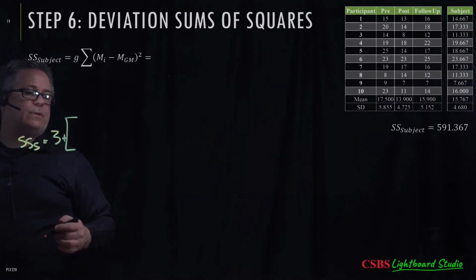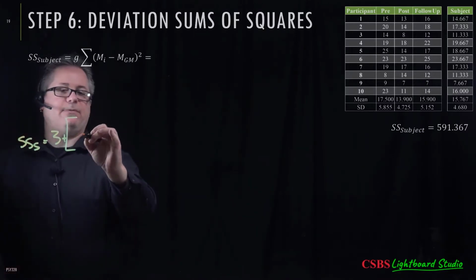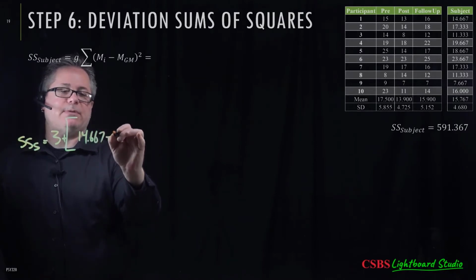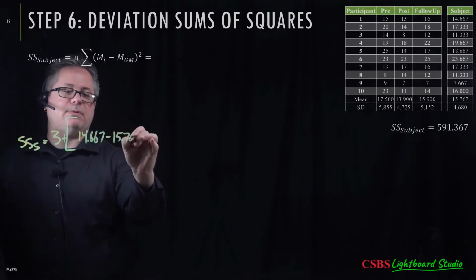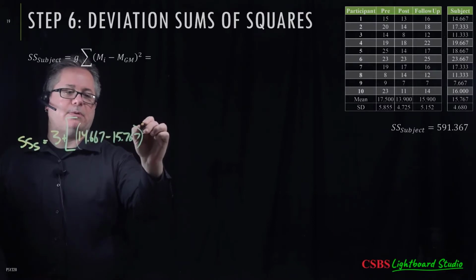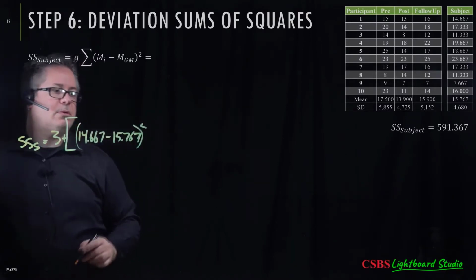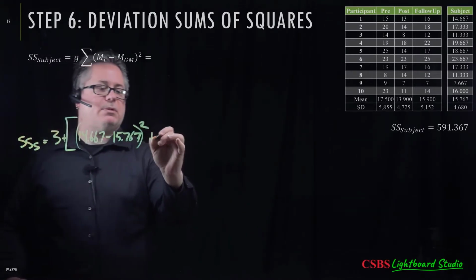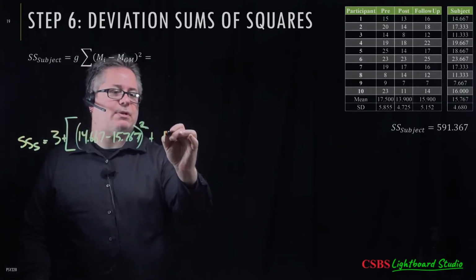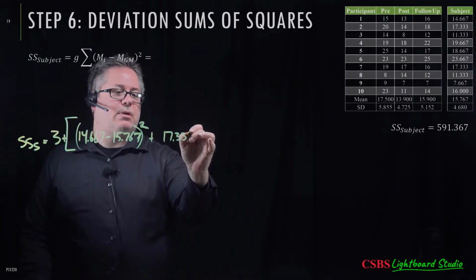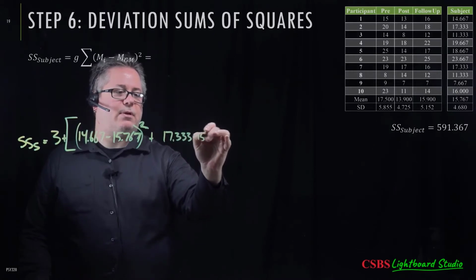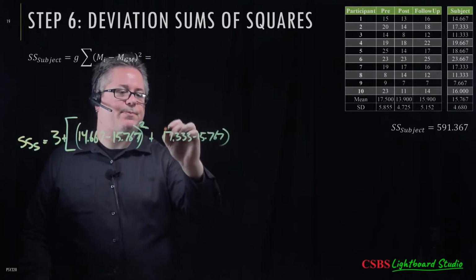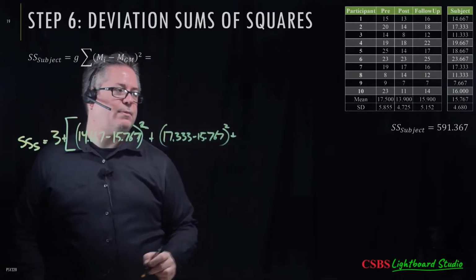So the first person has a mean of 14.667 minus 15.767 squared. Plus, next person is 17.33 minus 15.767 squared plus.